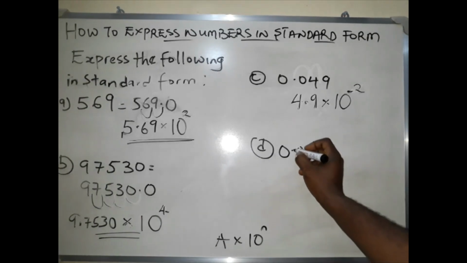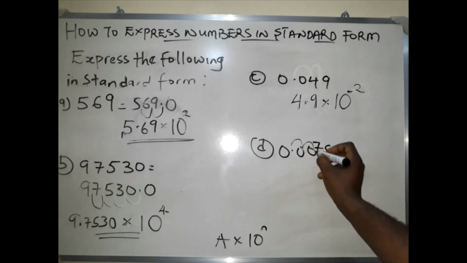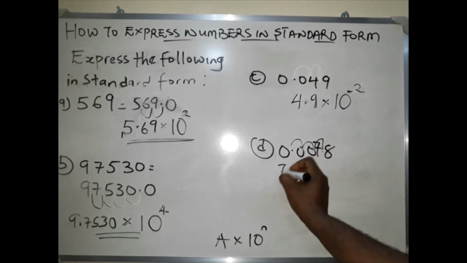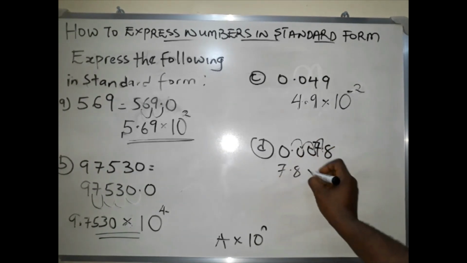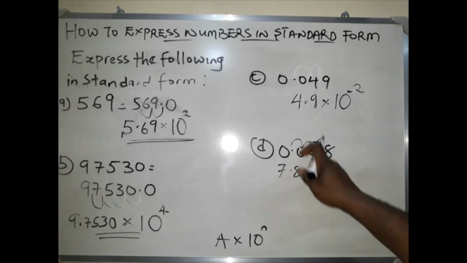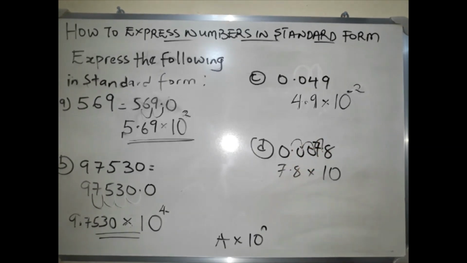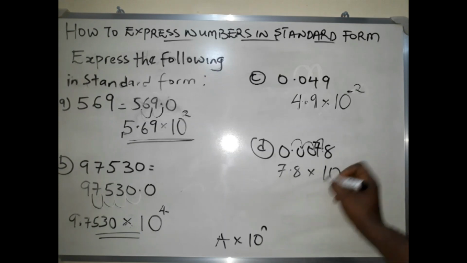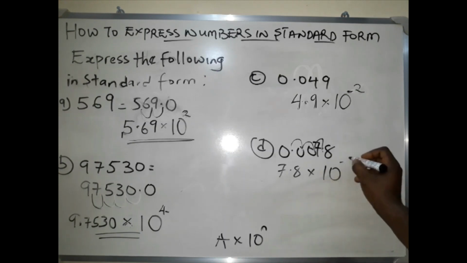So we now move it 1, 2, 3. That gives us 7.8 times 10. For this 10, we know that we moved the decimal point 1, 2, 3 places to the right. And since we're moving it 3 places to the right, the value for n will be minus 3.